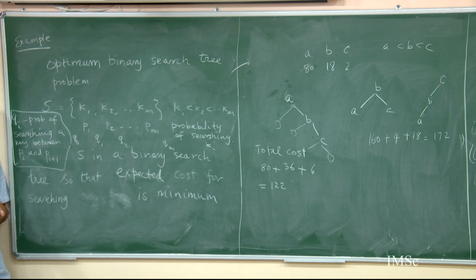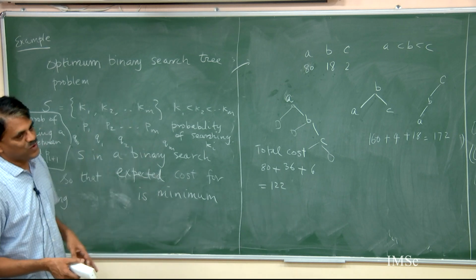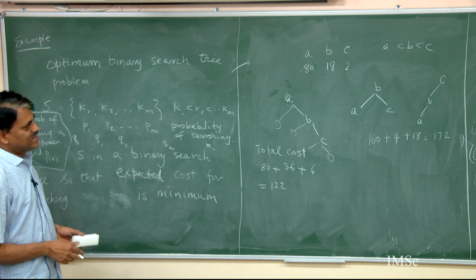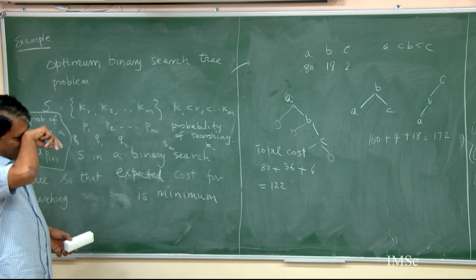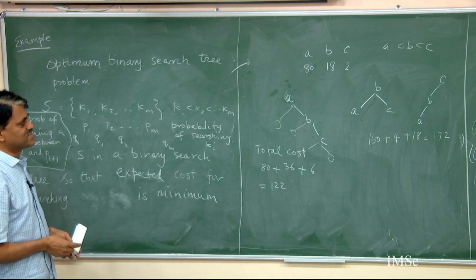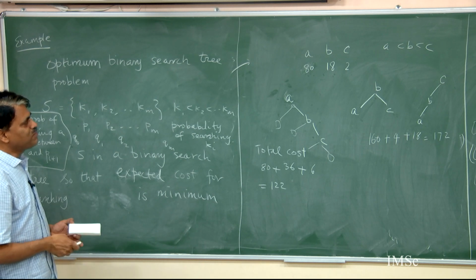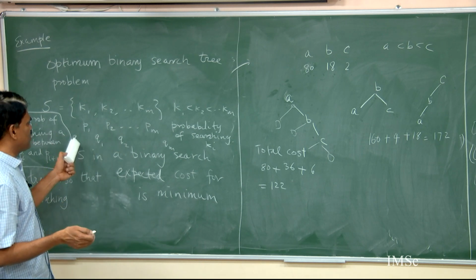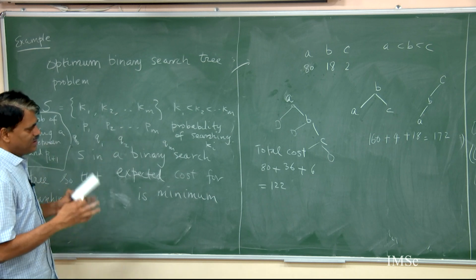You can again come up with some greedy heuristic. What would be the greedy thing? Pick the largest frequency element and put it at the root. It doesn't necessarily work, because I could make all the frequencies 0 and put a very high probability on the gap, or various other examples.